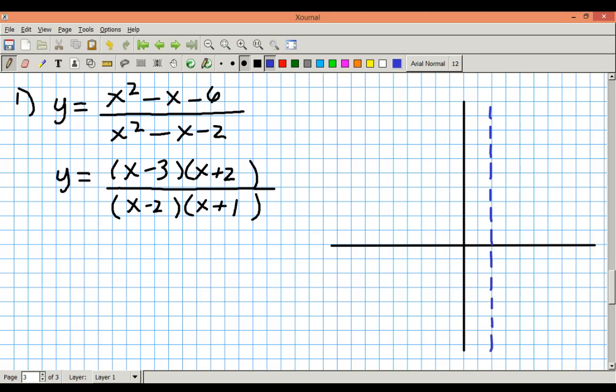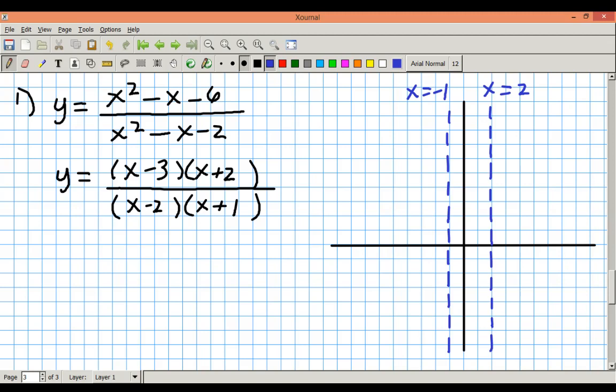There's another value of x which would cause that denominator to be 0, which is -1. When x is -1, that second factor is 0, which would cause the entire denominator to be 0, which you cannot divide by 0. So this graph has 2 vertical asymptotes: x equals 2 and x equals -1.